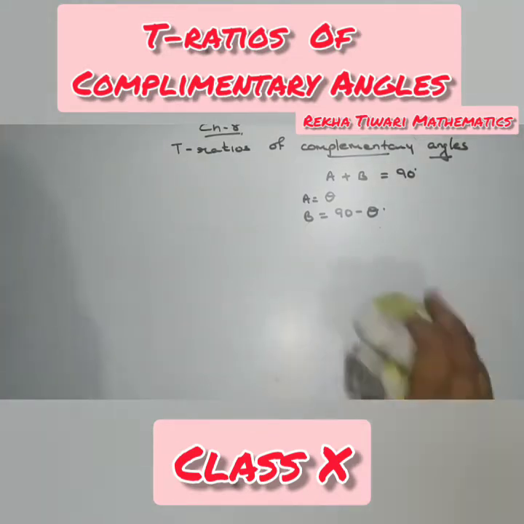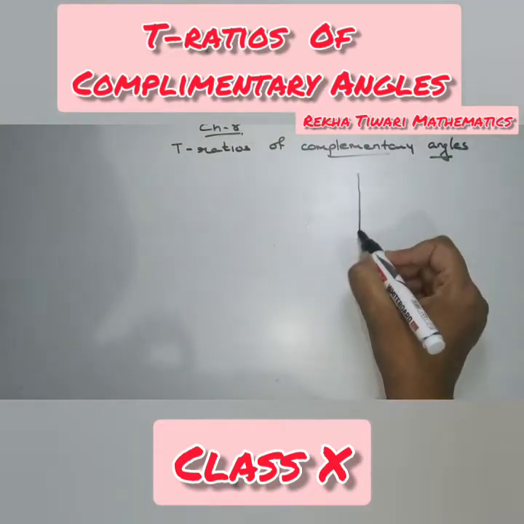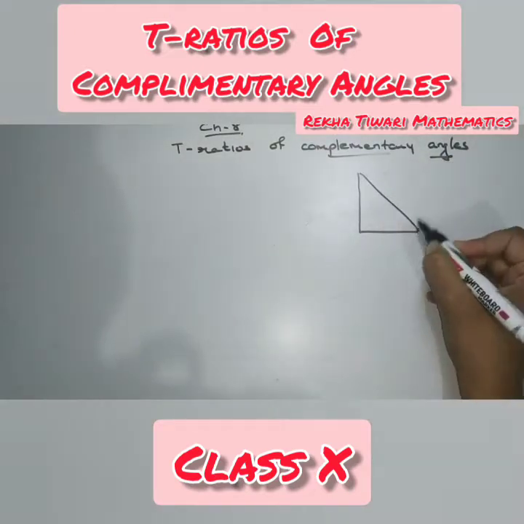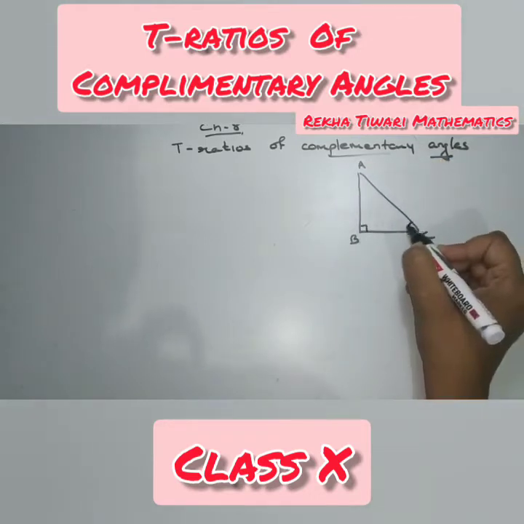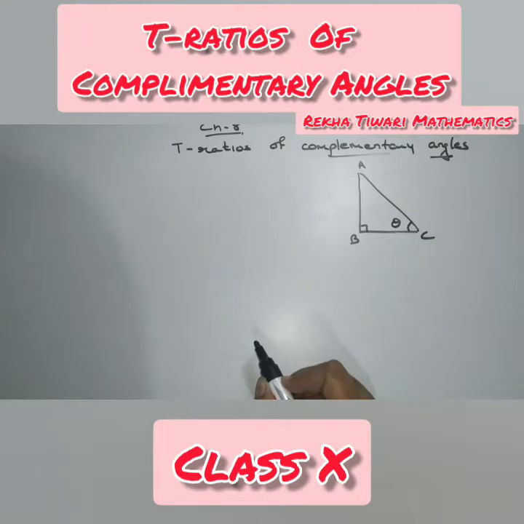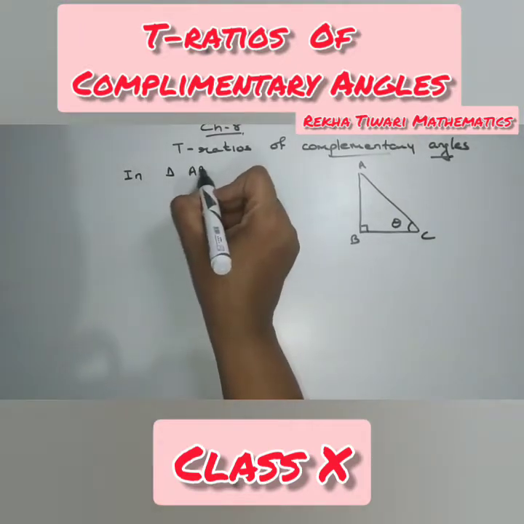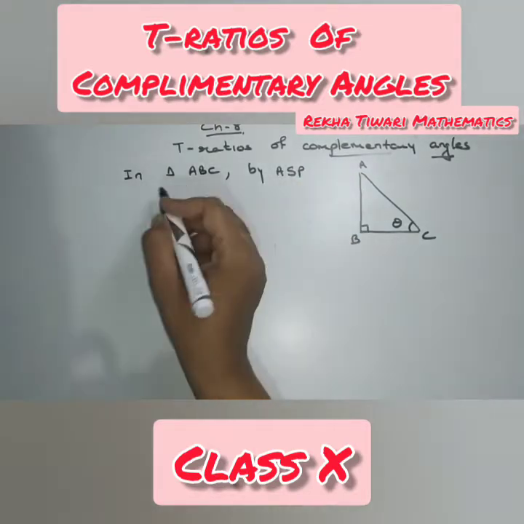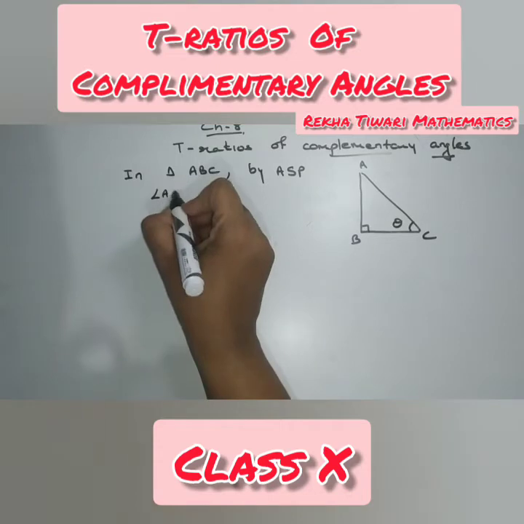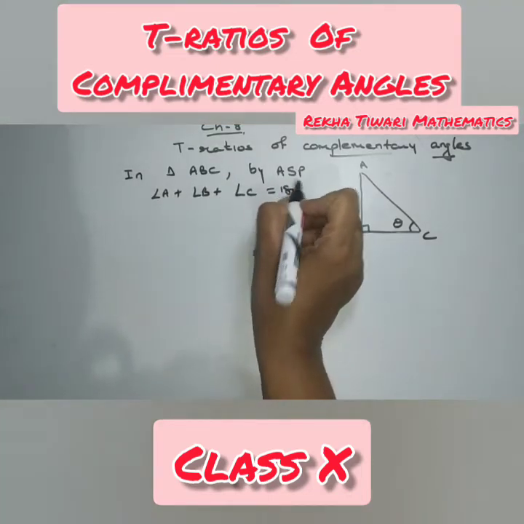Now look here. See, this is a right angle triangle ABC, right angled at B. Now suppose this angle C is theta. So in triangle ABC, by angle sum property, angle A plus angle B plus angle C is equal to 180 degrees.